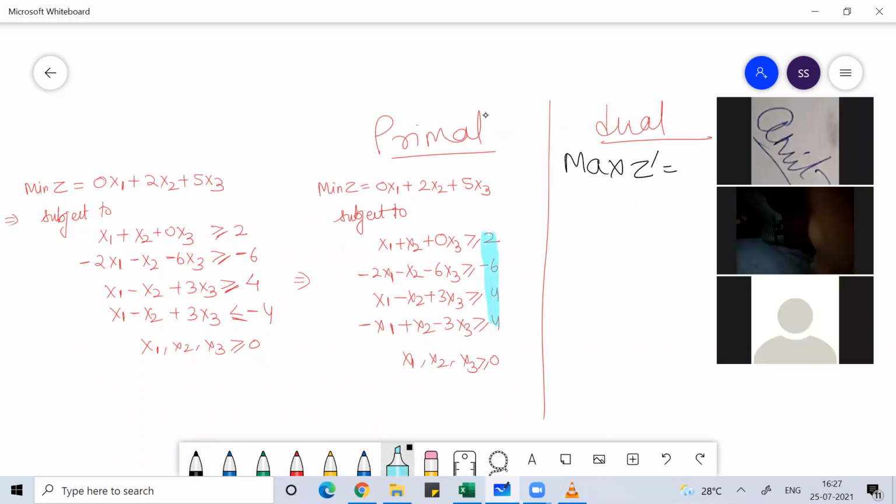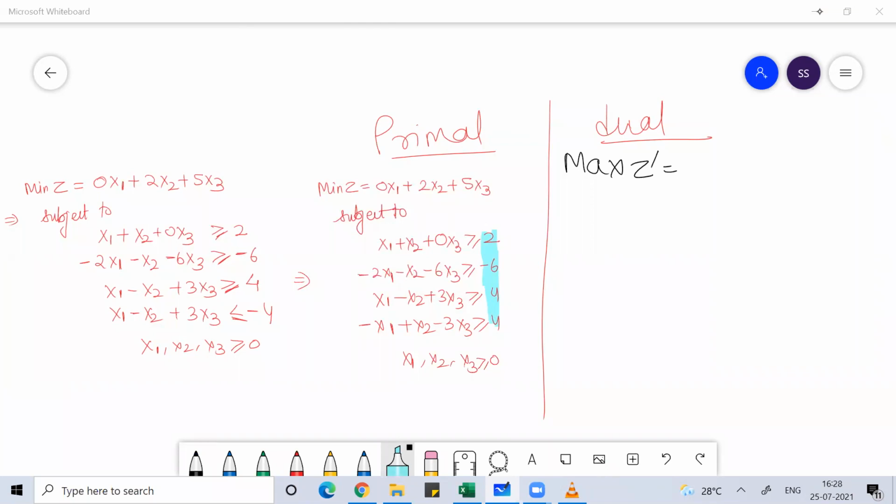When you write maximum of z dash, you write down the RHS of the constraints of the primal.